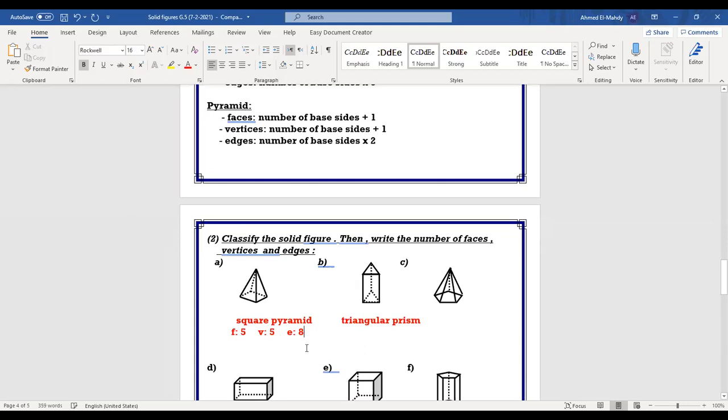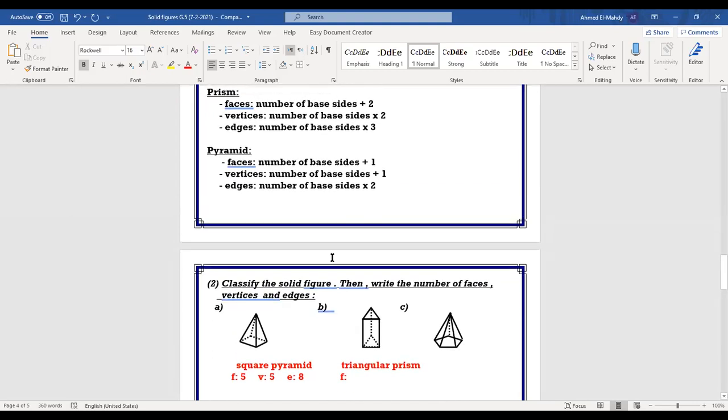How many sides in the base? It's a triangle. How many sides in the triangle? 3. To find the number of faces, what will you do? We'll add 1. No, prism: plus 2.